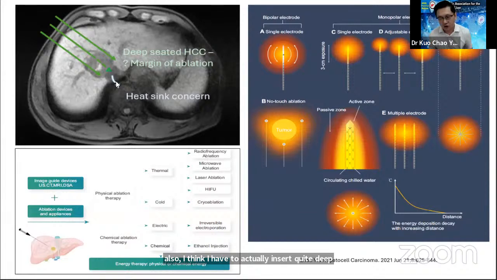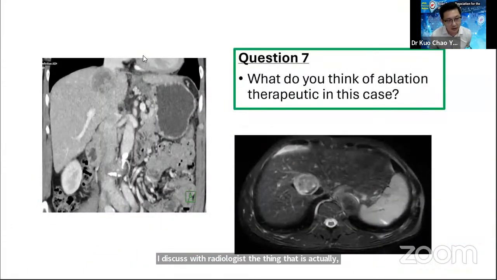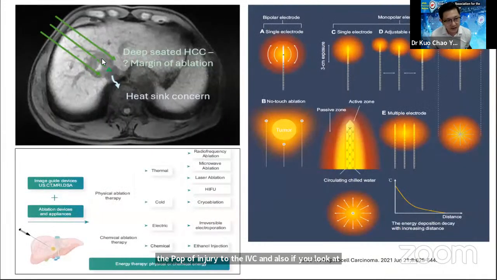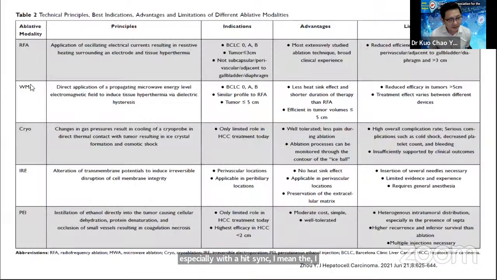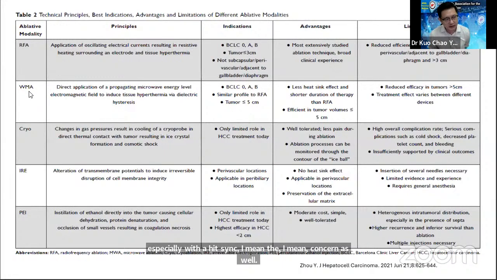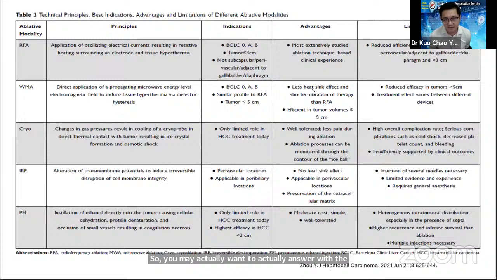I discussed with radiologists, they think there is a probability of injury to the IVC, and also if you look here, it's quite near to the heart and the diaphragm. So they are a little bit concerned, and especially with a heat sink concern as well. Nevertheless, you may want to ask whether microwave ablation, which has a less heat sink effect, can be used in this case.